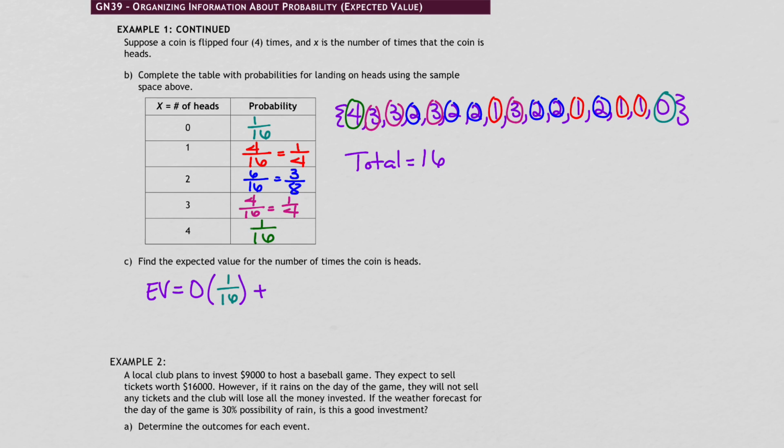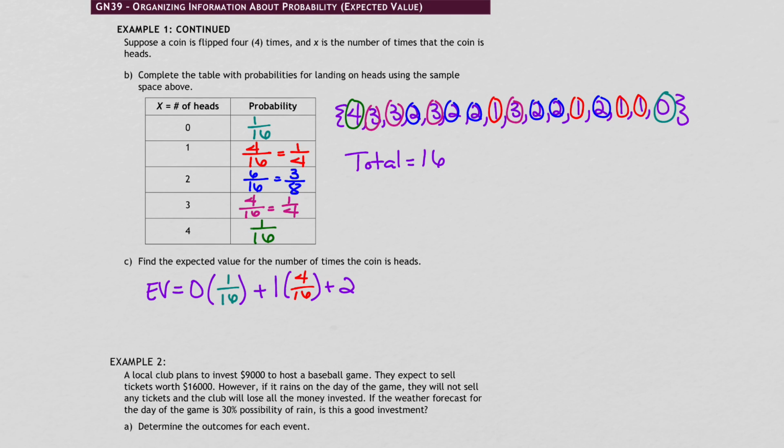Getting 1 head had a probability of 1/4, which I'm going to leave as 4/16, and you'll see why, because when we have to add all these, we wouldn't have to find a common denominator. We'd already have it.